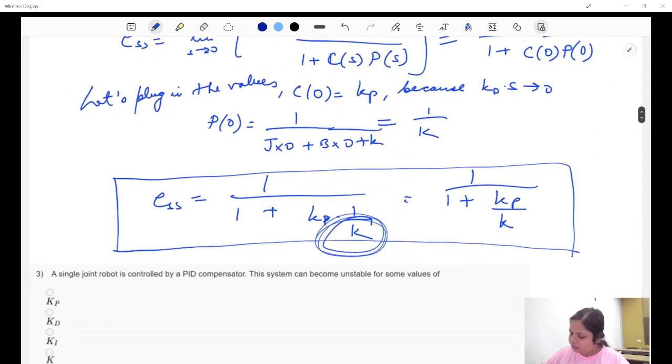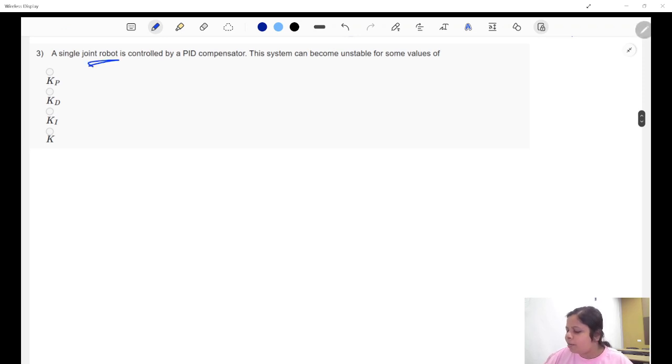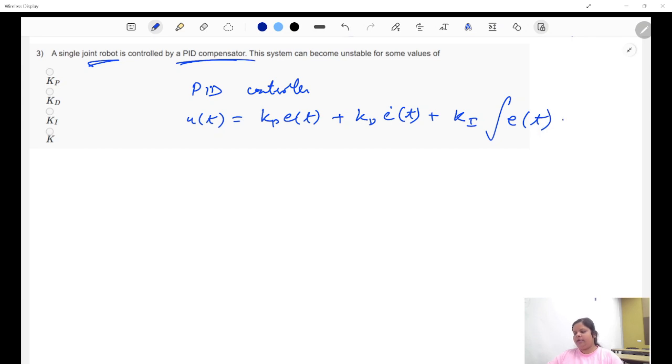Let's move to the next question. A single joint robot is controlled by a PID compensator. The system can become unstable for some values of Kp, Ki, Kd, K. Okay. So first thing we'll write what is a PID controller: Kp into E(t) plus Kd into E dot (t) plus Ki into integral of E(t) dt.